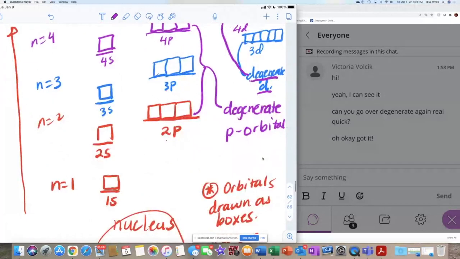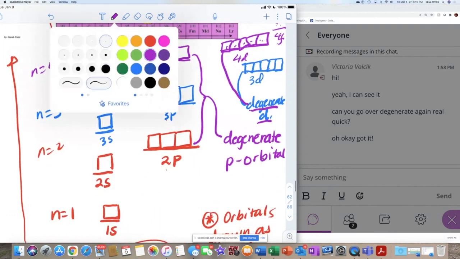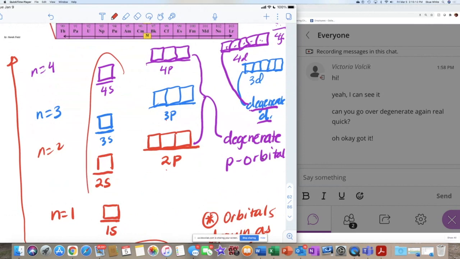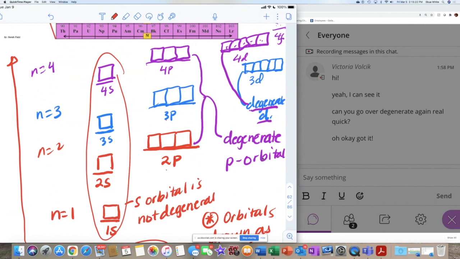So what can we conclude here? Because the S sublevel only has one orbital, what we can conclude here, holistically after looking at this, is the S orbital is not degenerate because we only have one orbital.